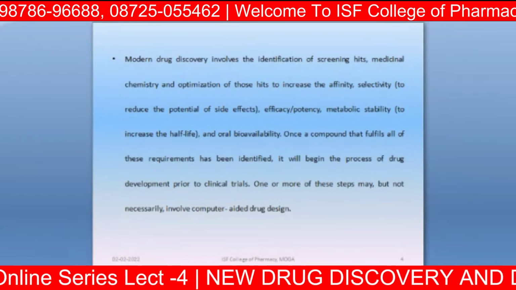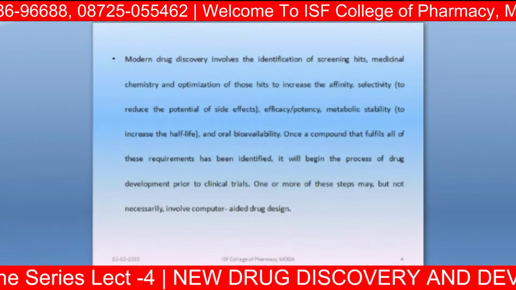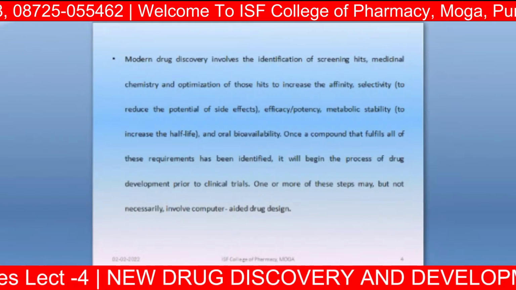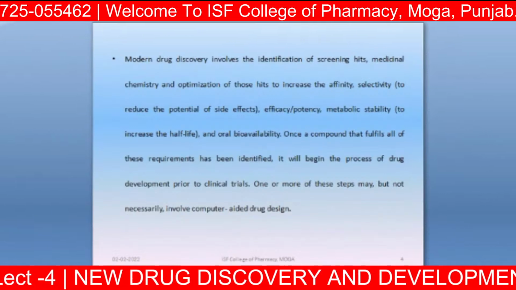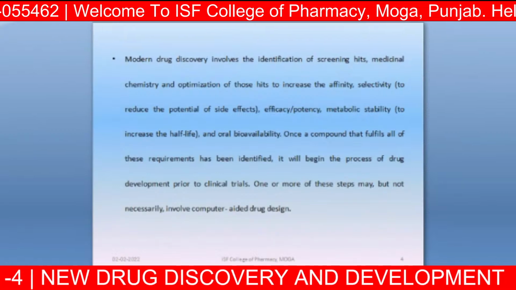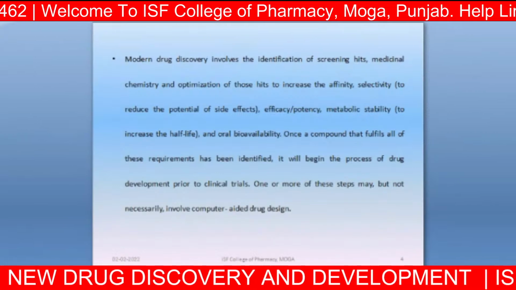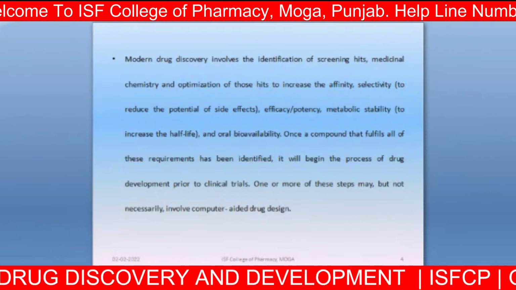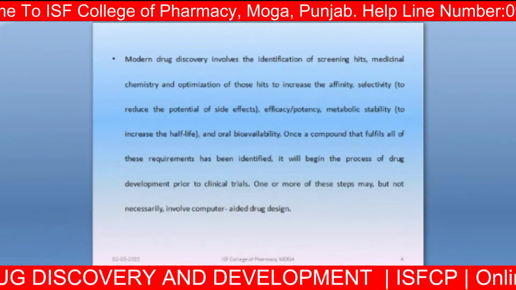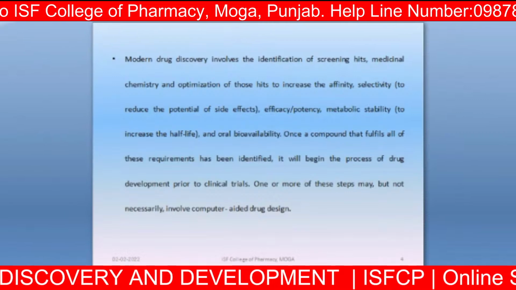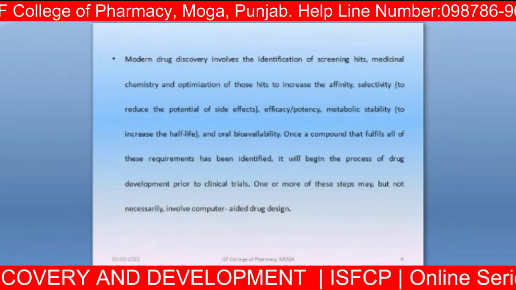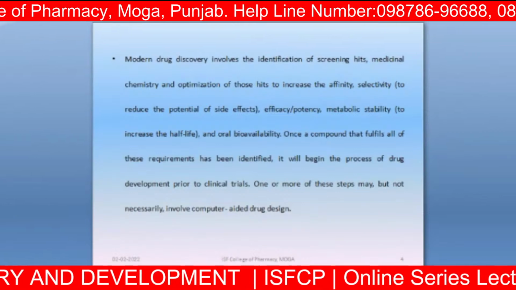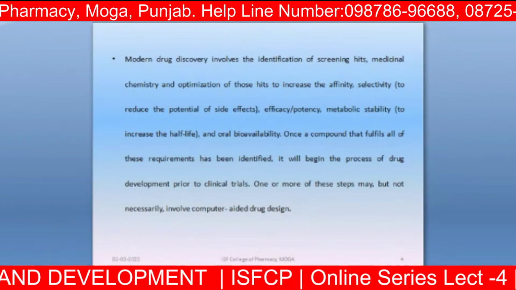Selectivity means various types of receptors are there within the body, along with various vital organs. So depending upon the disease and the site, affinity as well as selectivity must be there. For example, if we want to deliver a drug for a brain disease, such as Parkinson's, levodopa as well as carbidopa are available in the market.